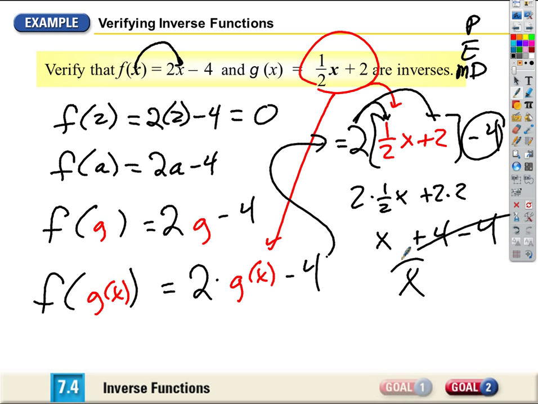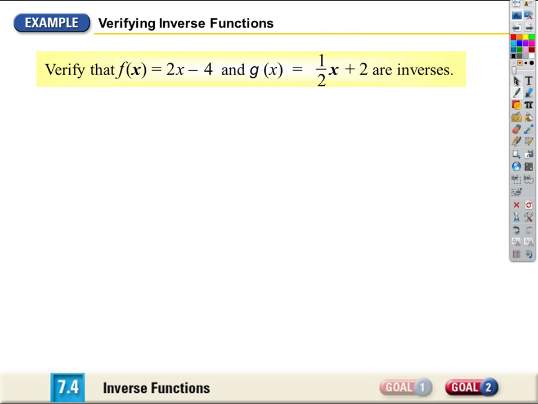So far, so good. Now I got to try it the other way. They both have to work for these to be inverses. Okay, so let's try g of f of x. Now what's g of a? If g of x is 1/2 x plus 2, what's g of a?